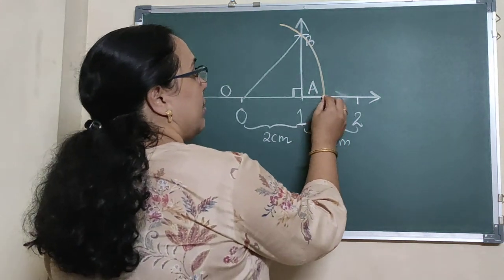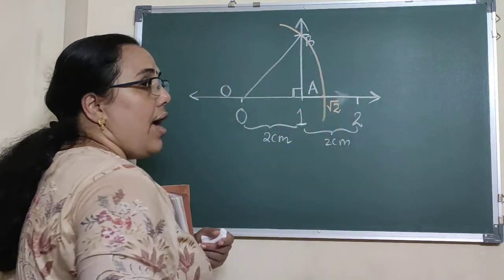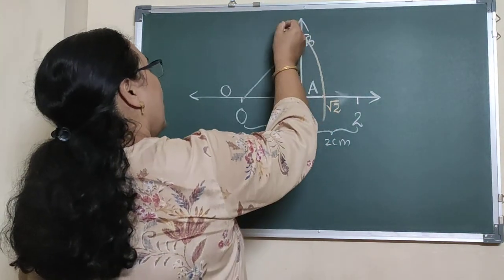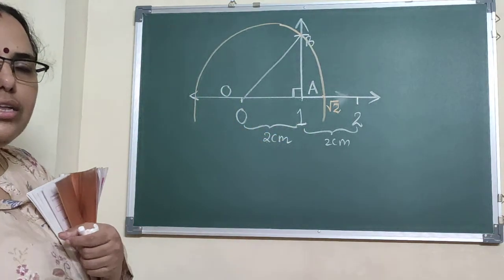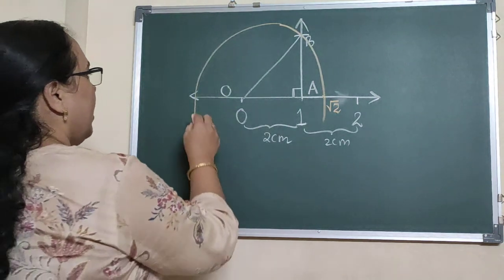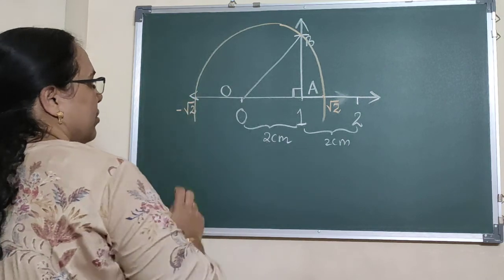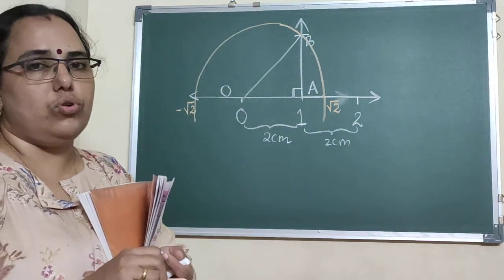Wherever it touches the number line, here you have root 2. As it is touching through the positive side, the same will go and even touch the negative side. You can see that when you move the compass to the other side, to the negative side of the number line, there you will have your minus root 2. Is that clear? So this is how we draw root 2.